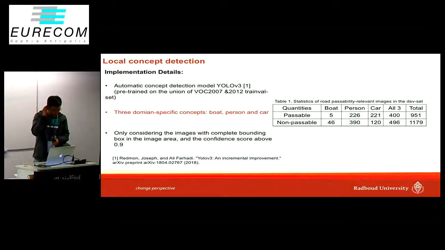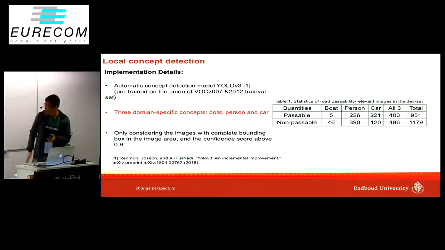Here we adopt the concept detection model YOLO version 3 to do the automatic detection and use three specific concepts. Because sometimes the detection is not so reliable, we only consider the images with a bounding box in the images and a confidence score above 90%.